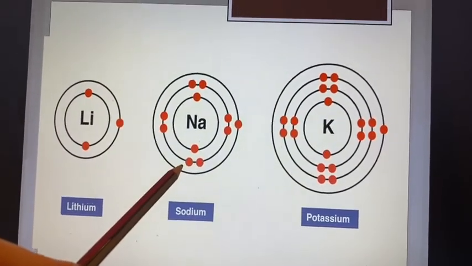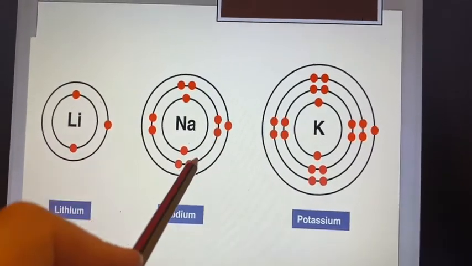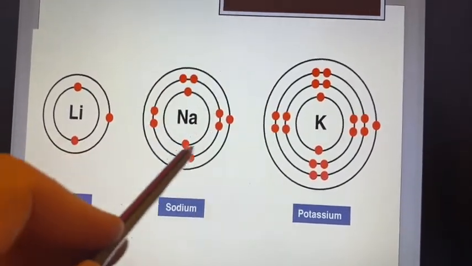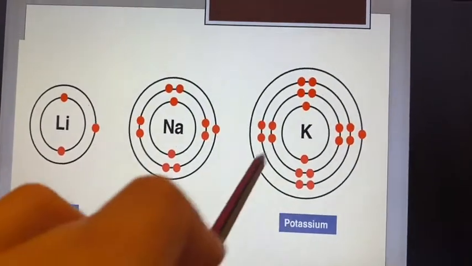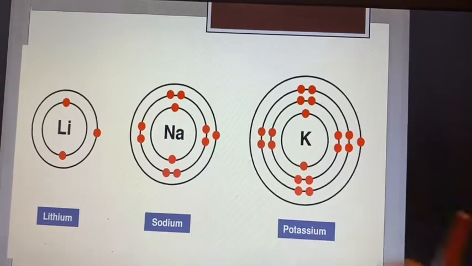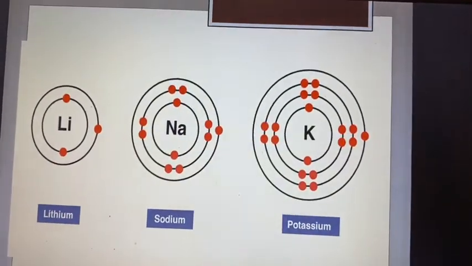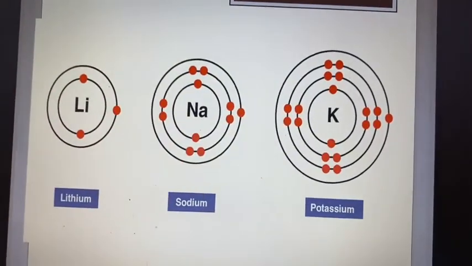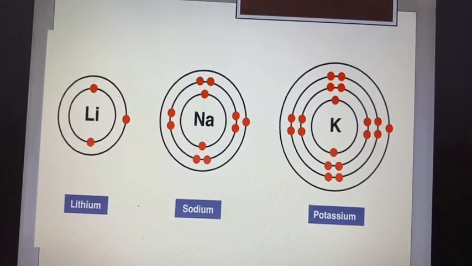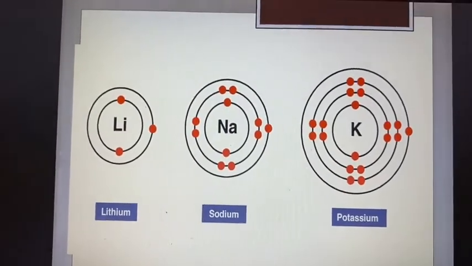For sodium, it is reactive to lose this electron, so it will have 8 electrons in its outer shell. For potassium, it is very reactive because it wants to lose this electron to have 8 electrons in the outer shell. So all the metals and the non-metals want to reach stability.